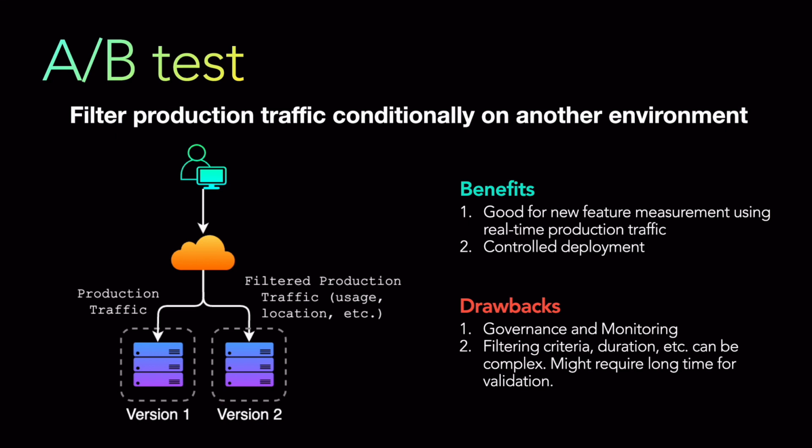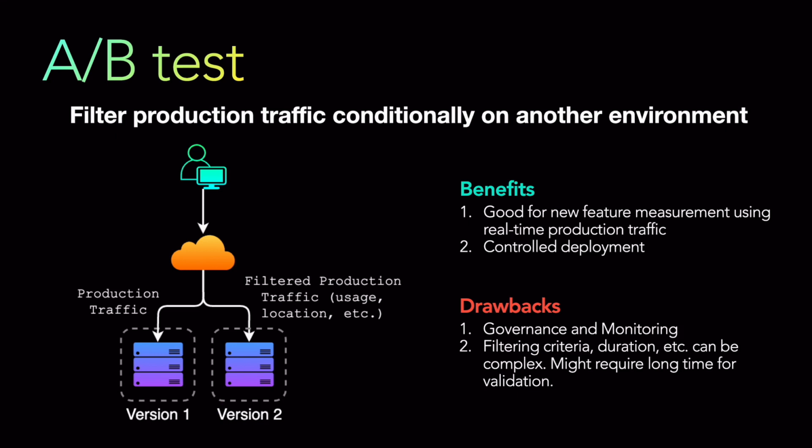Drawbacks: yes, you are playing with real production traffic. It requires a lot of governance and monitoring. You need to be able to monitor the entire traffic, entire request, all the environments. So you have to be very careful there. And the filtering criteria, I mean, also the duration. Say if you are releasing a new feature, you are doing that based on certain criteria, right?